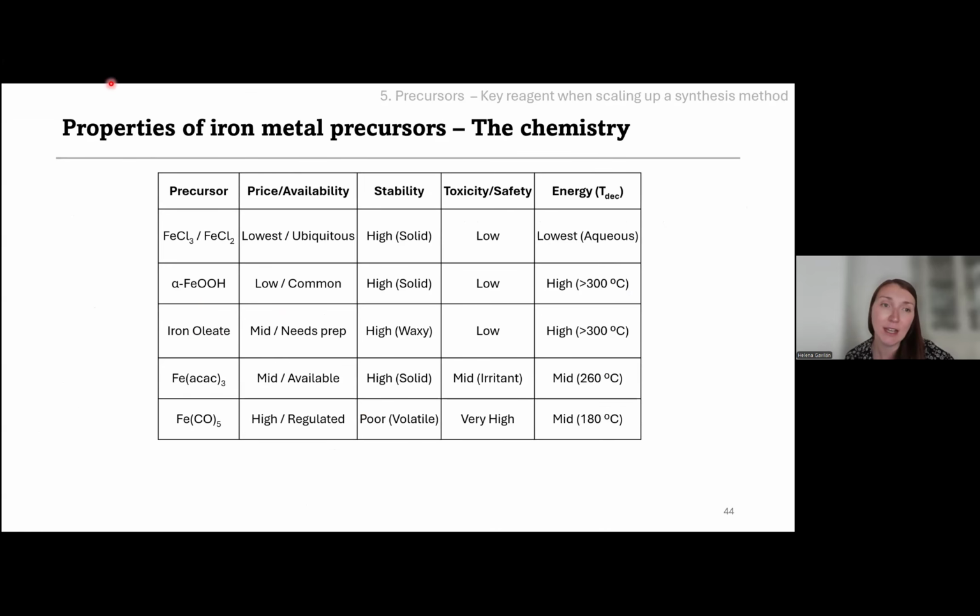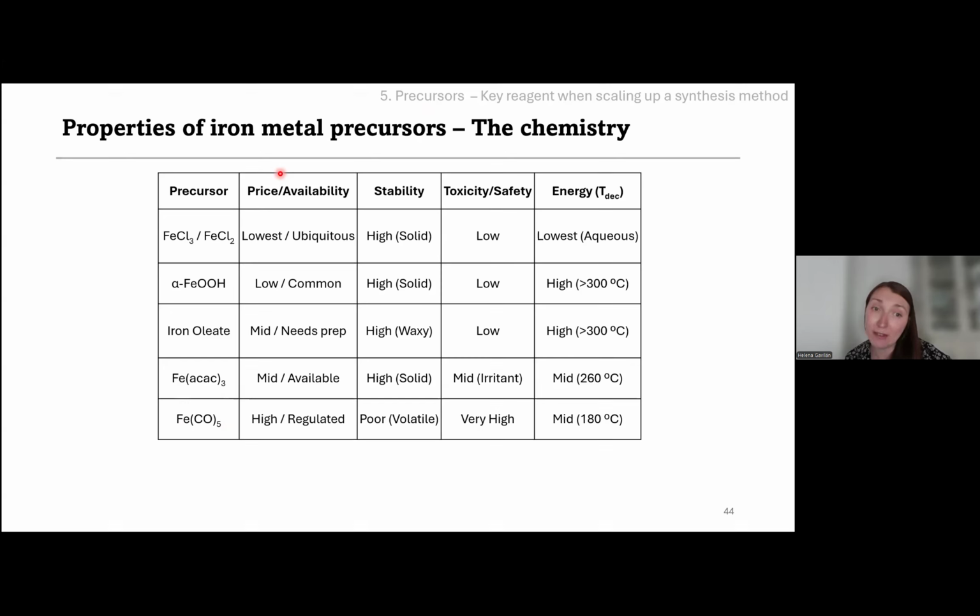So just some take-home messages that I wanted to tell you related to the metal precursor, because this is a key reagent when scaling up a synthesis method. We have seen iron chloride 3 and iron chloride 2, goethite, iron oleate, iron acetylacetonate, and the one used in the solvothermal route, iron pentacarbonyl.